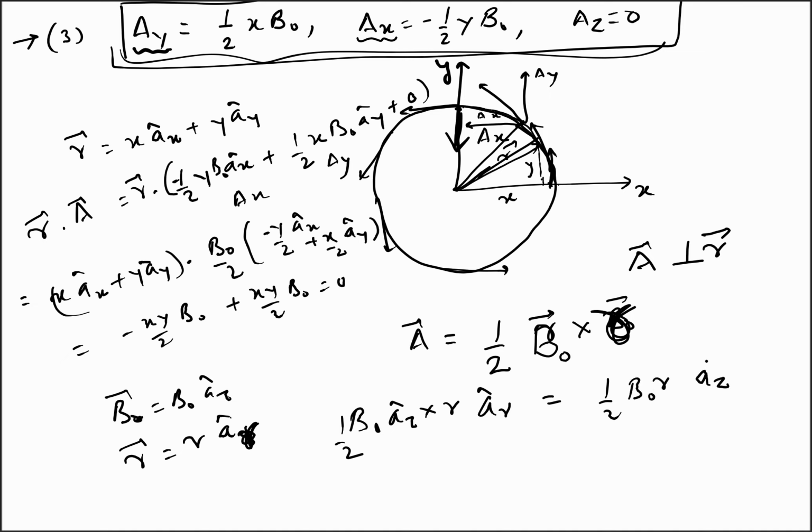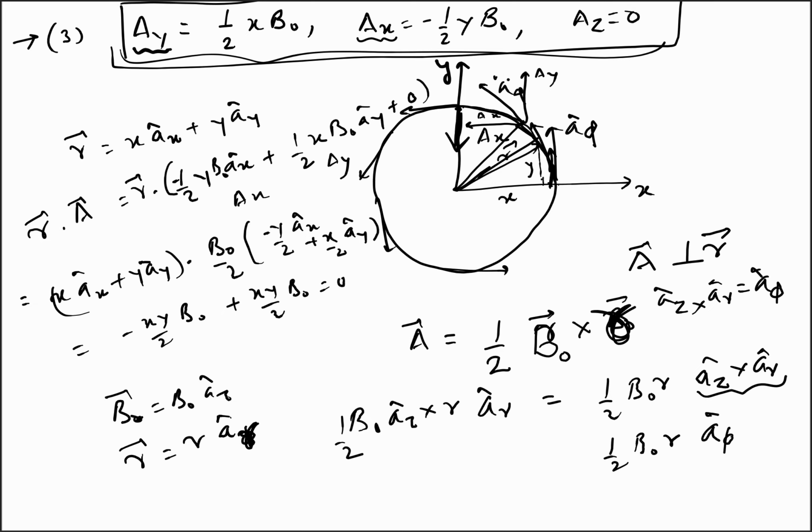and what will be z cross R? It will be 1 by 2 B naught R a phi, because if we are talking in cylindrical coordinate form, then az cross ar is going to give us a phi, and of course this is always in a phi direction.